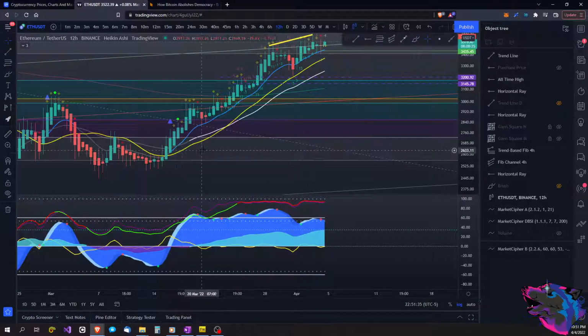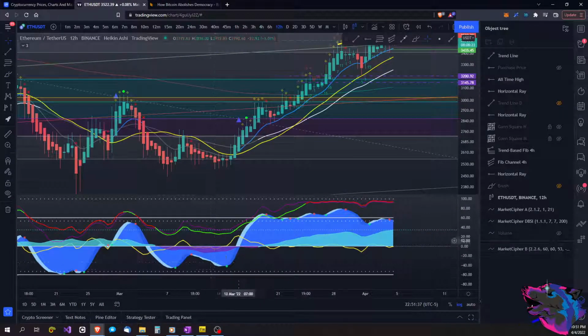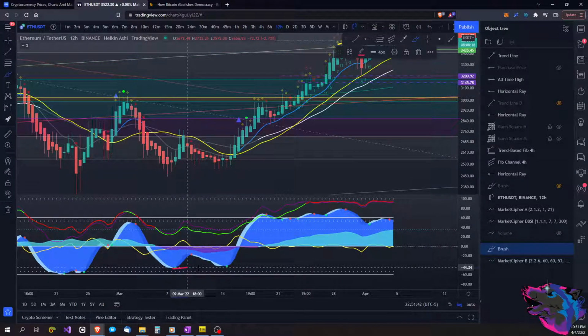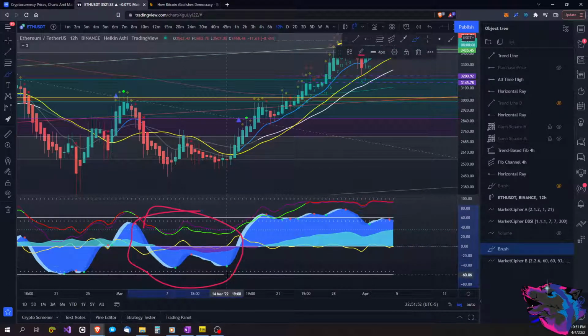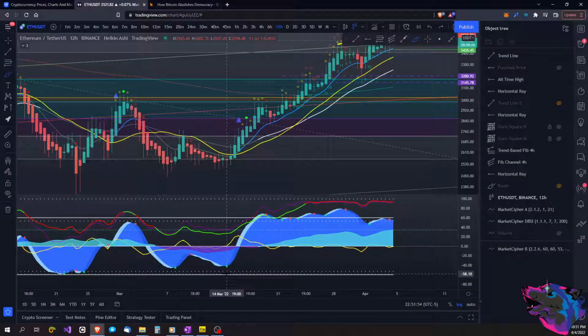Not only a decent couple of signals, not to mention we got that bullish divergence on the momentum waves as well. So that's a super solid swing trade entry right there.